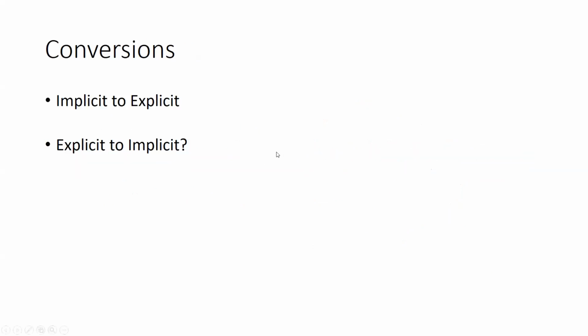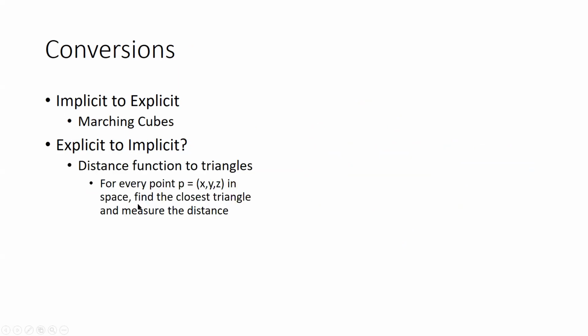And we have conversion. Let's say if I give you an implicit surface, you want to convert to explicit. Implicit surface, we just explained, we can actually use marching cubes. And how about the other way? Can I express an explicit surface like a NURBS or mesh into an implicit one? One thing you can do is a distance function for every triangle.